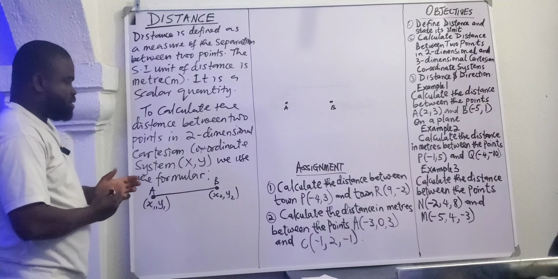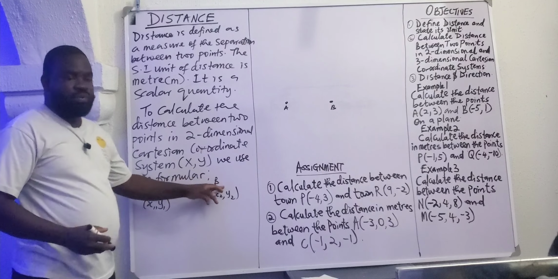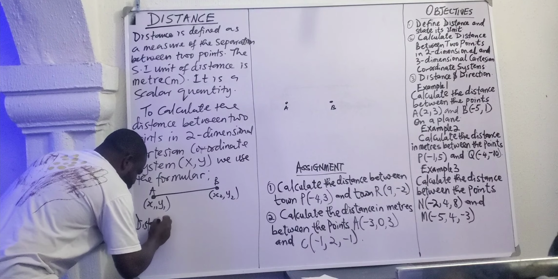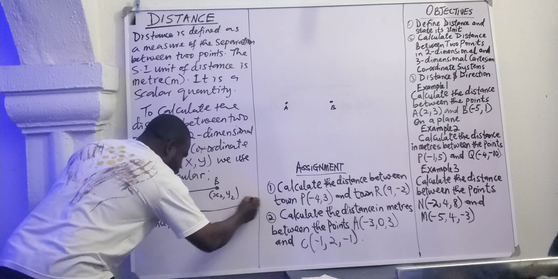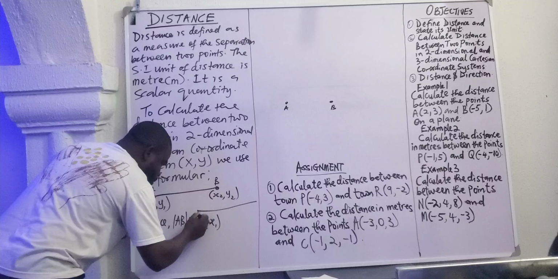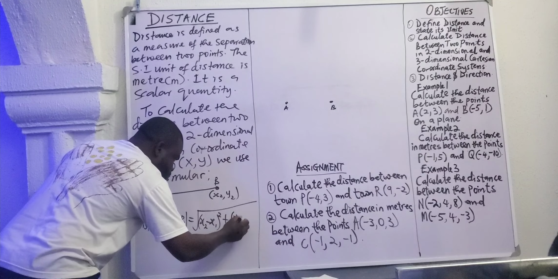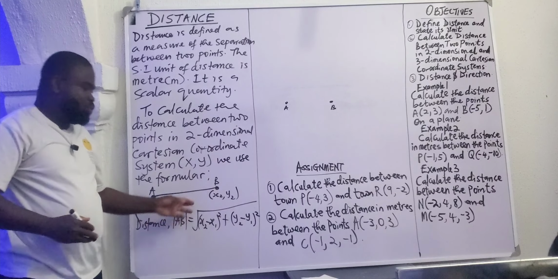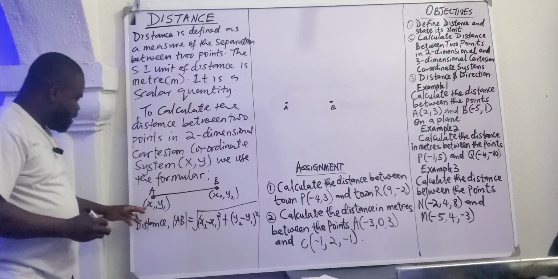To find the distance between the 2 points A and B, which we will call line AB, we will use the formula that distance of line AB will be equal to square root of x2 minus x1 all squared plus y2 minus y1 all squared. So this formula we will use to find the distance between the 2 points A and B.